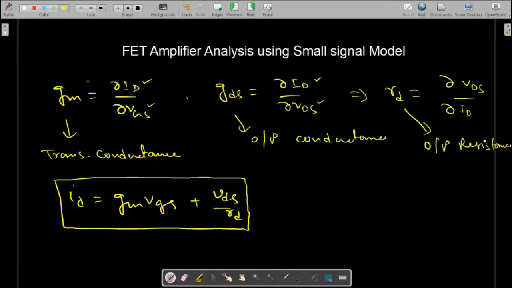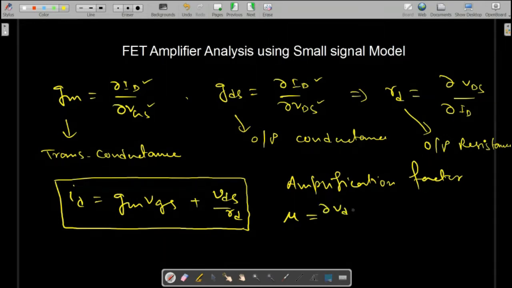And we can introduce another parameter, that is the amplification factor, called mu. So mu equal to, in derivative form, del VDS by del VGS.